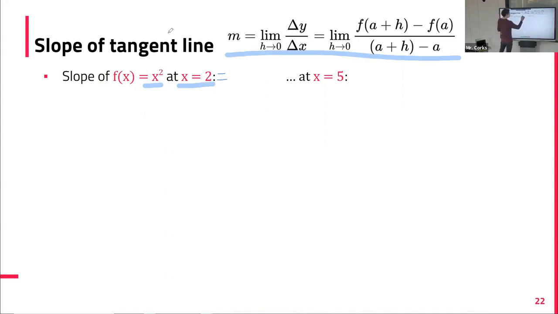So this is our a value. What is the slope of this function when x is equal to 2? So we're going to use this big, long definition thing and then figure out exactly that. Oh, here, limit as h approaches 0 of f.